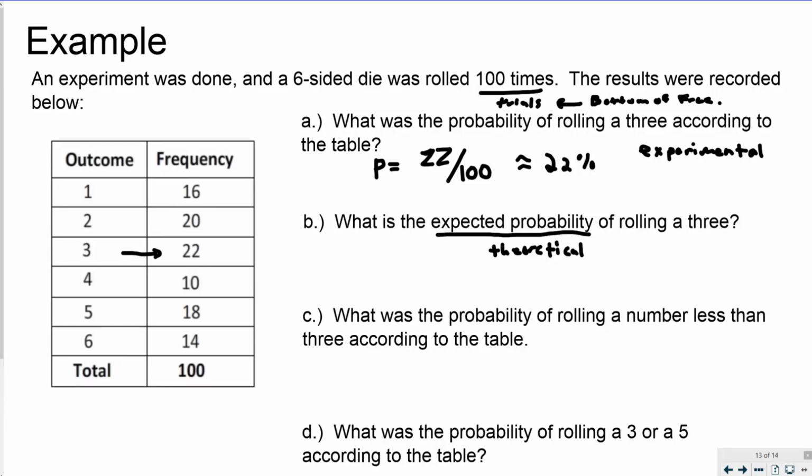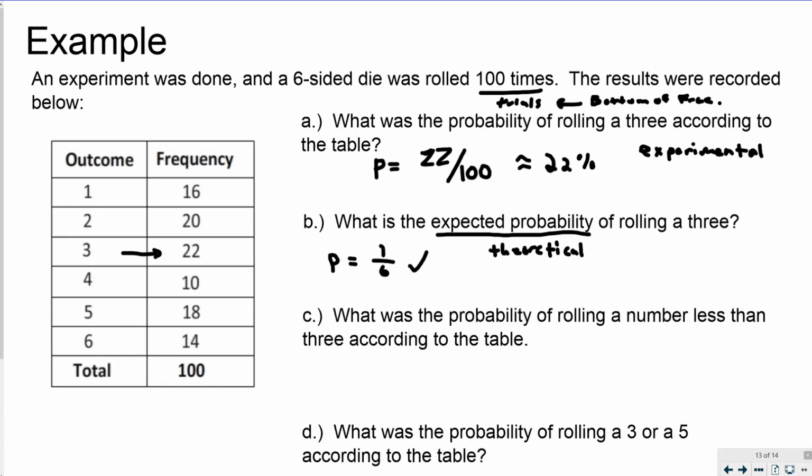So on the die, in theory, there are exactly 6 unique outcomes, and then there is 1 that satisfies the criteria of rolling a 3. So the probability is 1 over 6.